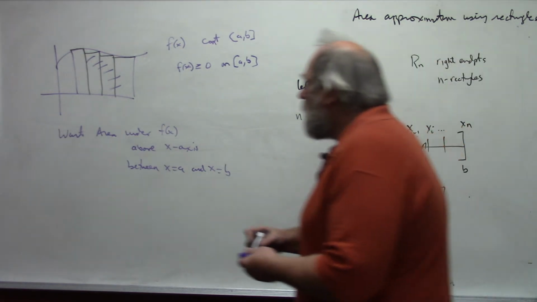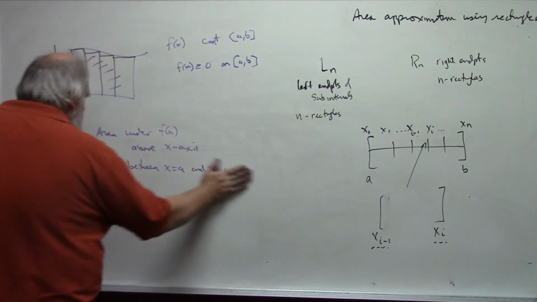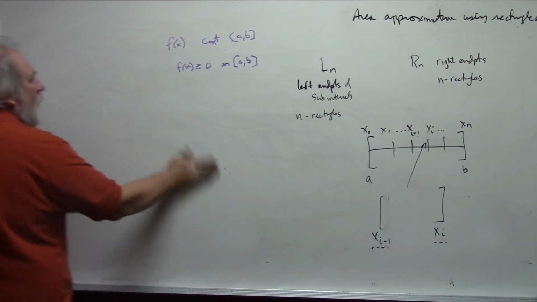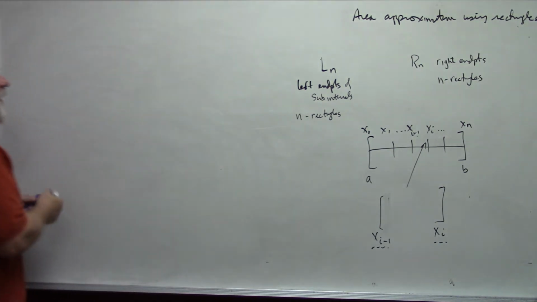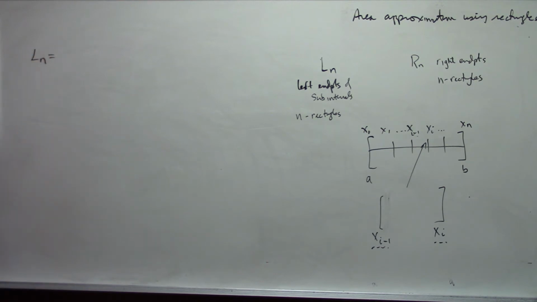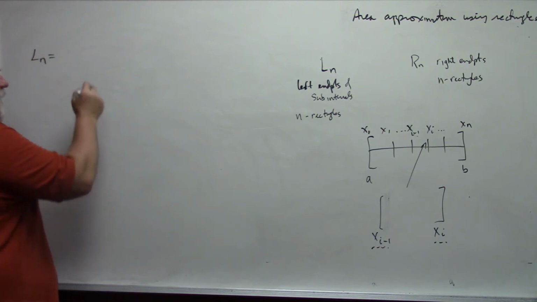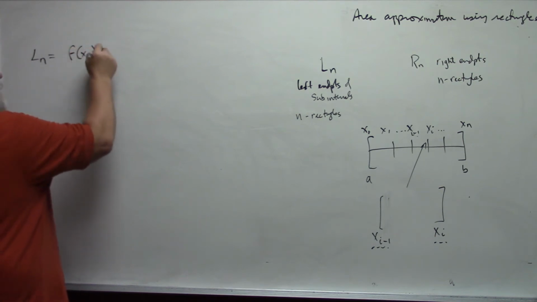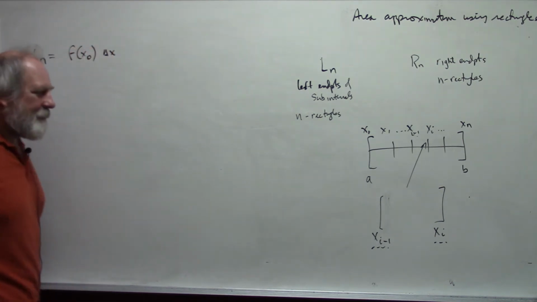Okay? So, let me erase this for a moment. L sub n then becomes, using the left-hand endpoint, f of x0 times delta x.